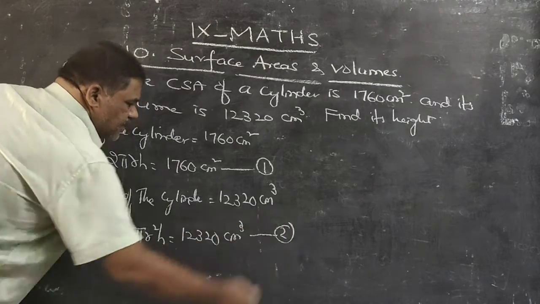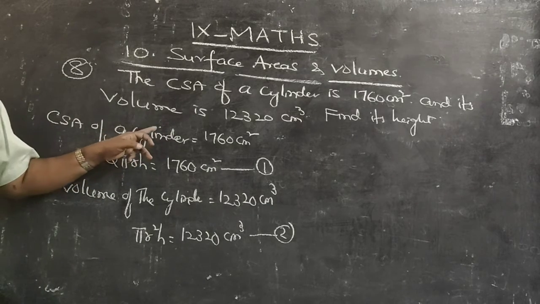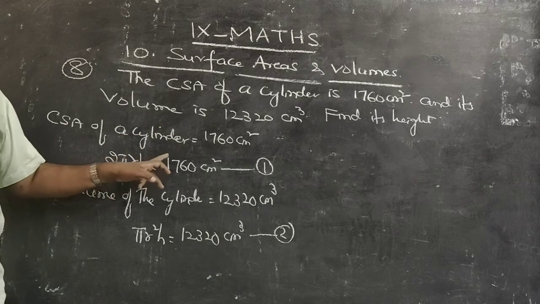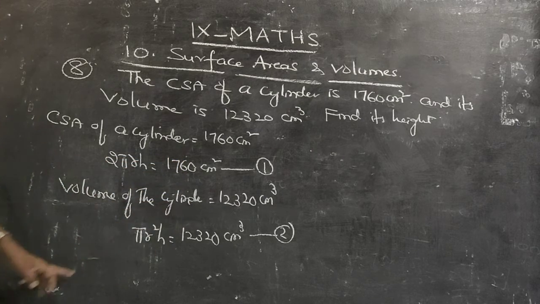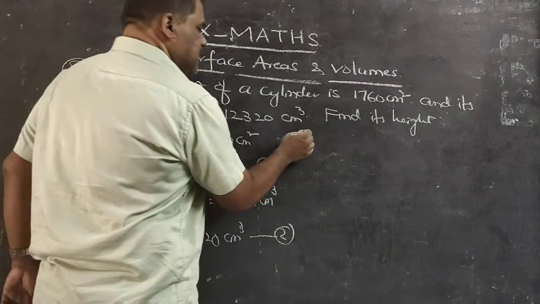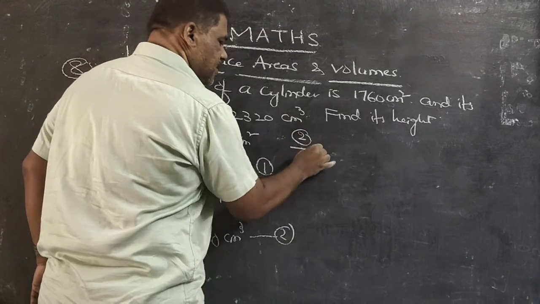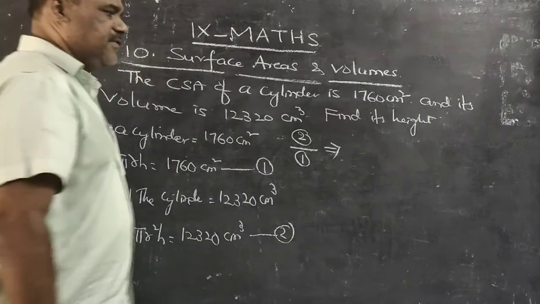This is the second one. First one is curved surface area of the cylinder, 2 pi r h is 1760. Next, volume of the cylinder is pi r square h, that is 12320. Let us divide the second equation by the first equation.